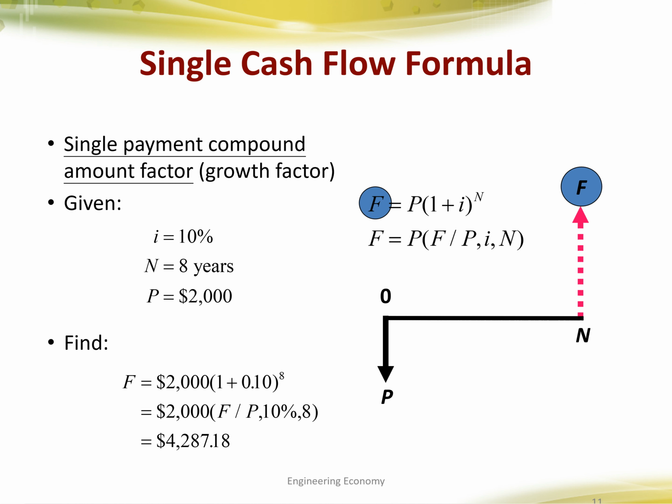So instead of using 1 plus i to the nth power, we can say we want to find a future value which is equal to the present value times symbol, which is (F/P, i, n): given present value, find future value, comma interest rate, comma number of periods. Okay, so the symbol below represents the formula up there.